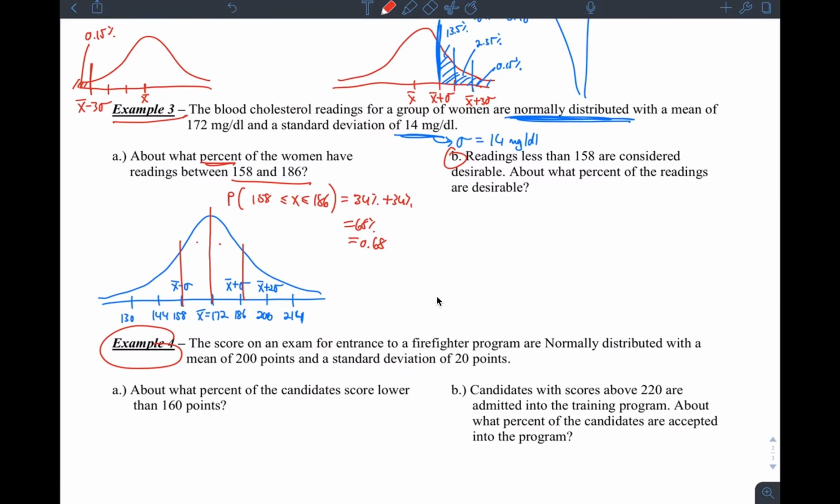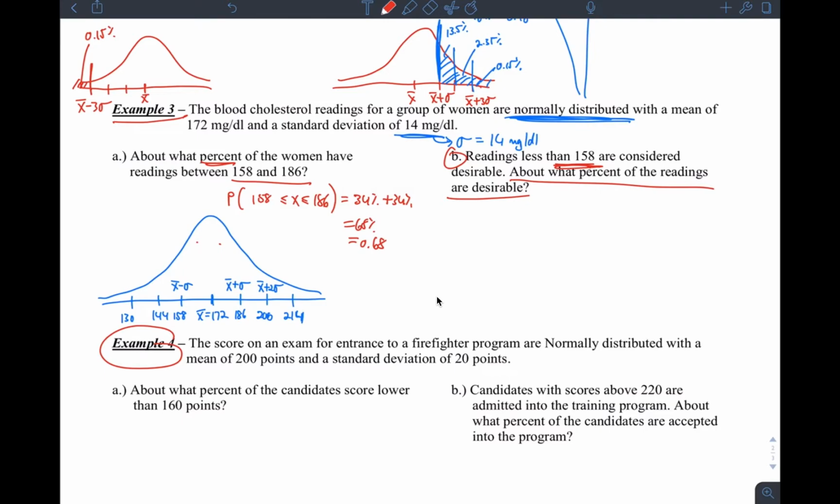Letter B says readings less than 158 are considered desirable, but what percent of readings are desirable? Okay, so some wording there. So here's my distribution. If you've just drawn the distribution, don't feel obliged to draw the whole thing again. We already did it over here. So less than 158.